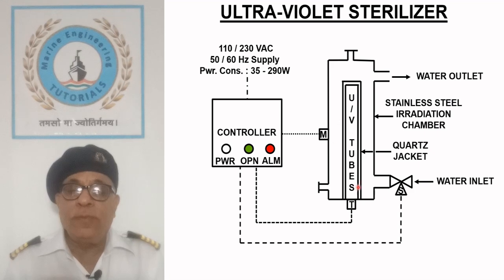In case of lamp failure, solenoid valve shuts the inlet water supply and displays the warning signal. UV lamps have fixed life which is counted by the hour meter and lamp needs to be changed when the limit is reached.